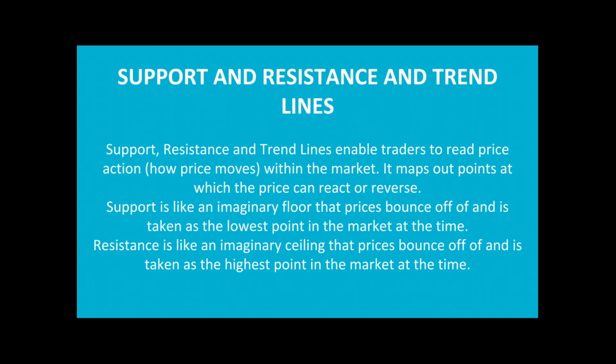So support is like an imaginary floor that price bounces off of and is taken as the lowest point in the market at the time, whereas resistance is like an imaginary ceiling that prices bounce off of and is taken as the highest point in the market at the time.